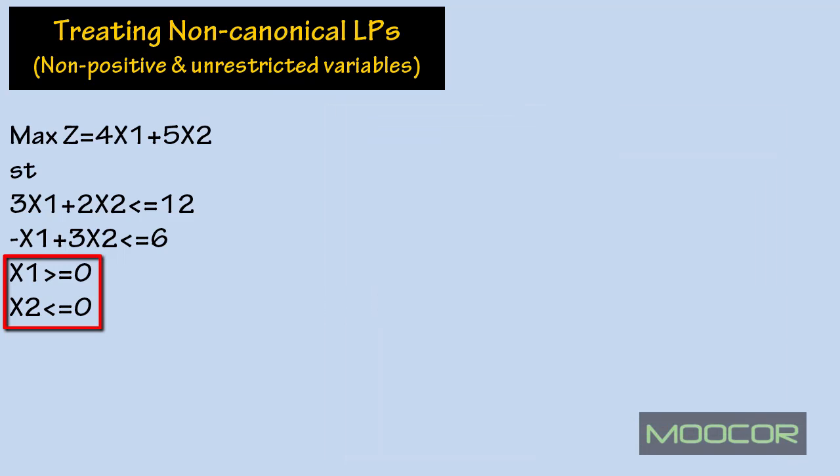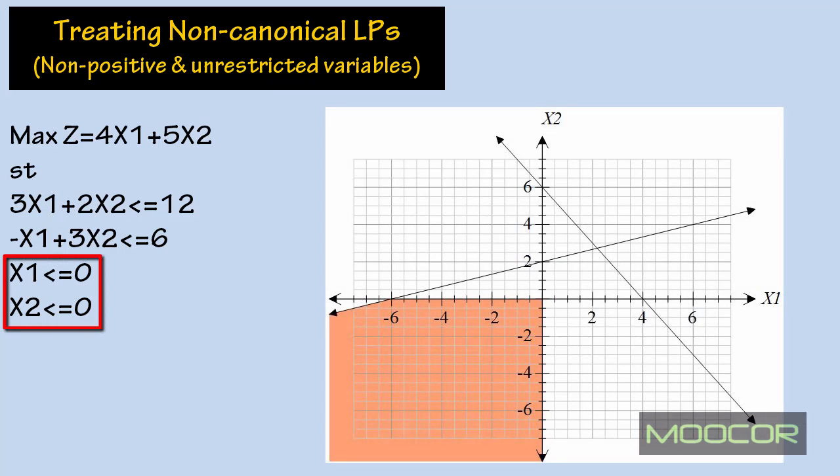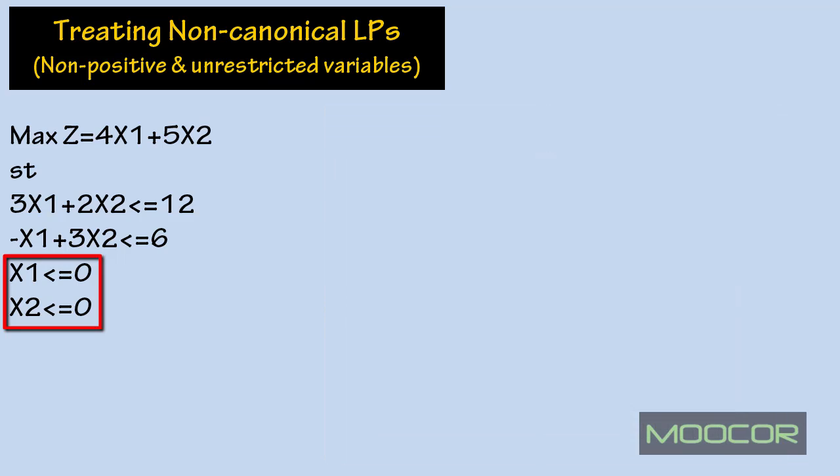Again, you notice the significant change. Nothing from the previous original feasible region was included. Now I'm going to change both of them to less than or equal to 0. Again, a significant change altogether for the feasible region.